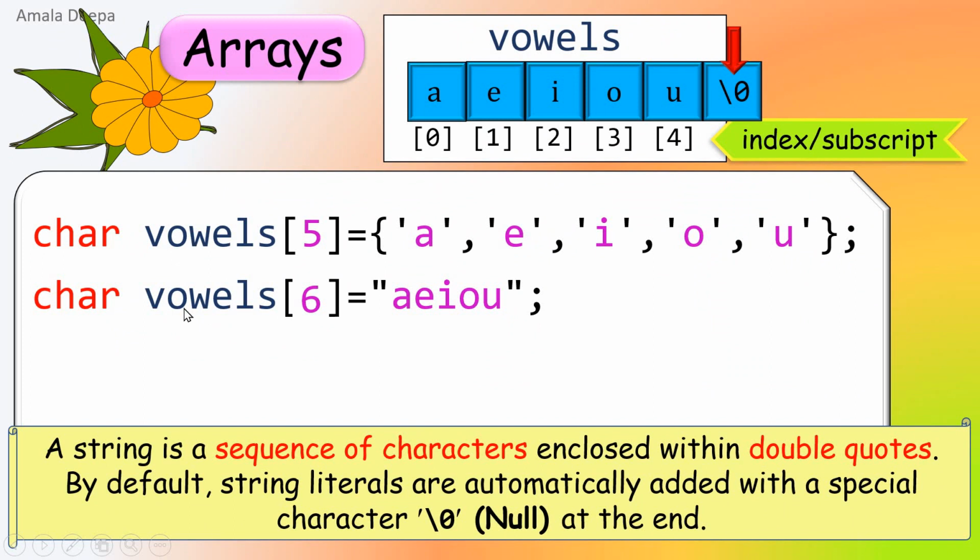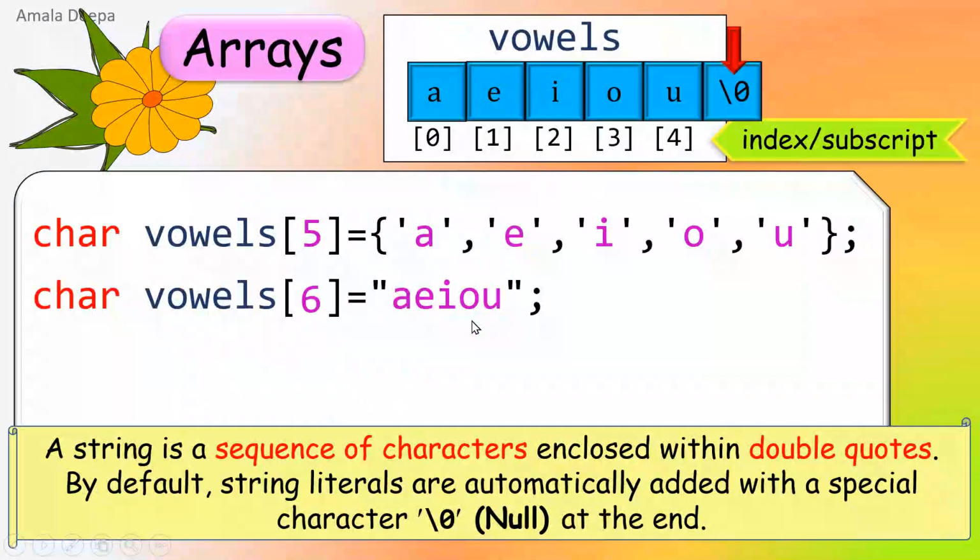Once again, look at these two declaration statements. If you initialize this character array by the first method, you can give the exact size, that is 5. If you are initializing by the second method, that is if you are grouping together all the characters as a string, then you should provide an extra location for the null character.